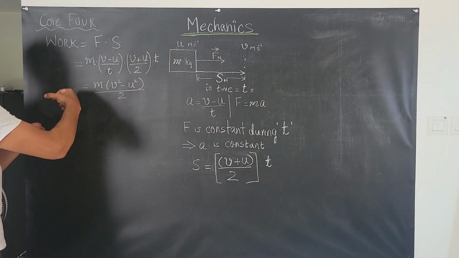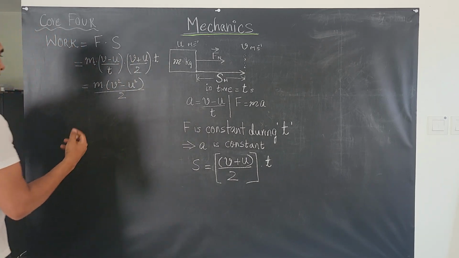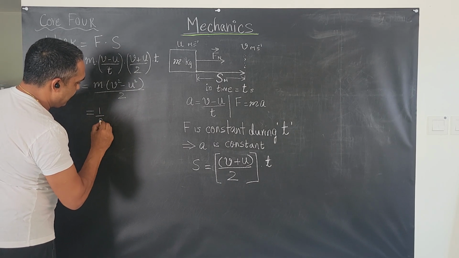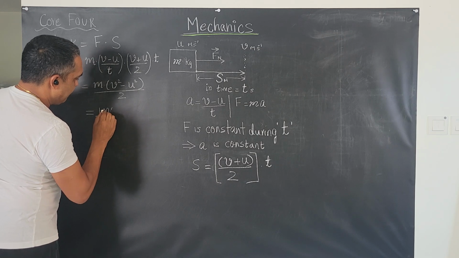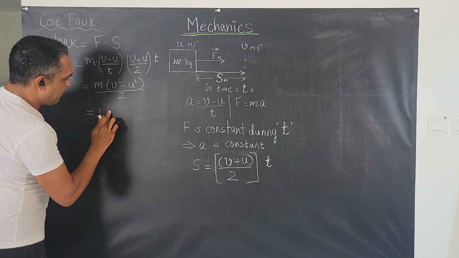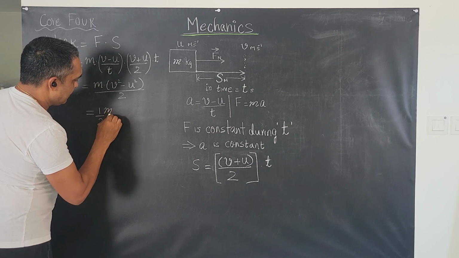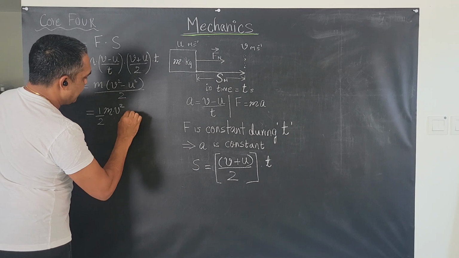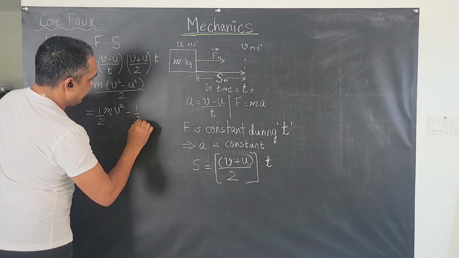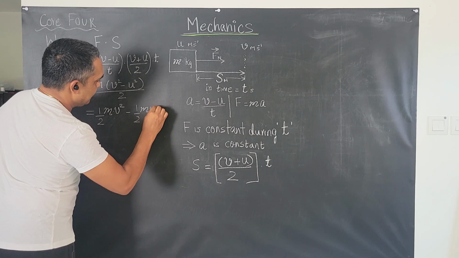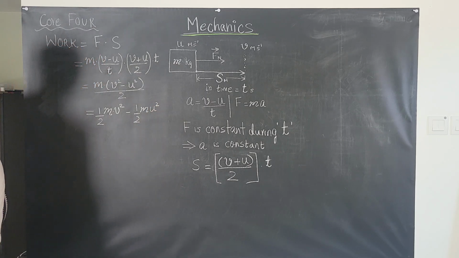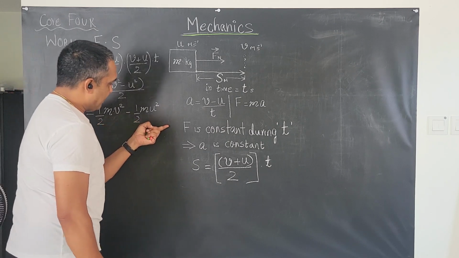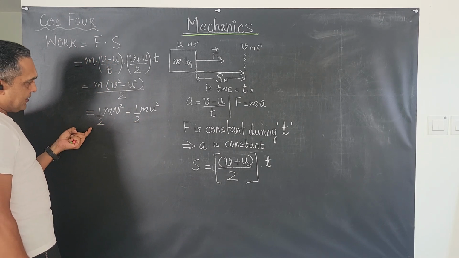I have transferred that to the object, increasing that momentum, which now, if I come to the mathematics behind it, is 1/2 of mass times v square minus 1/2 mass times u square. This represents the initial state, in which case this is the final state.